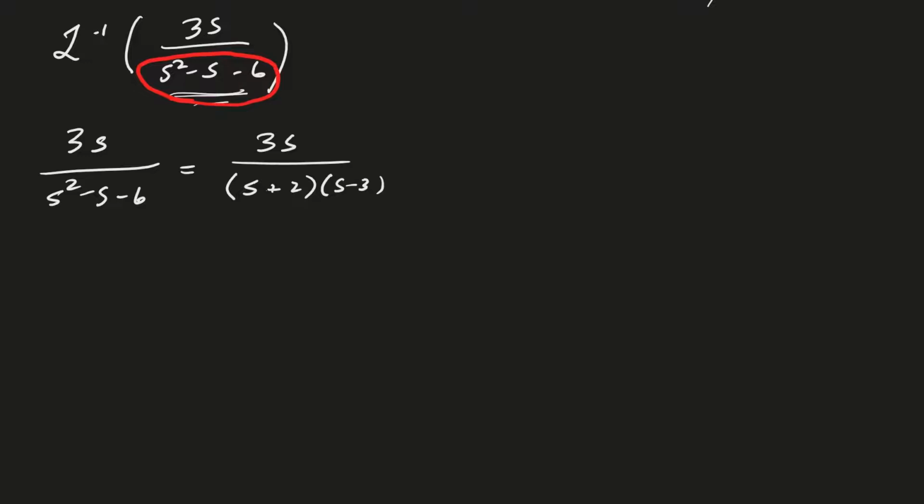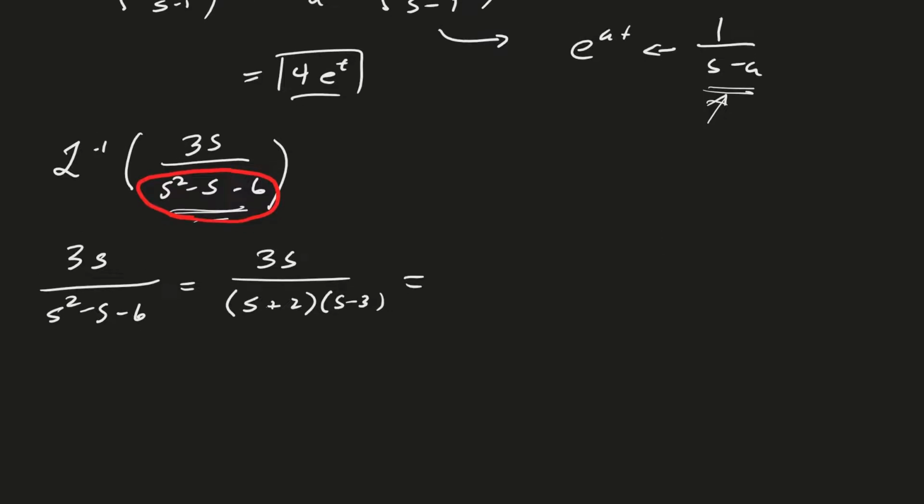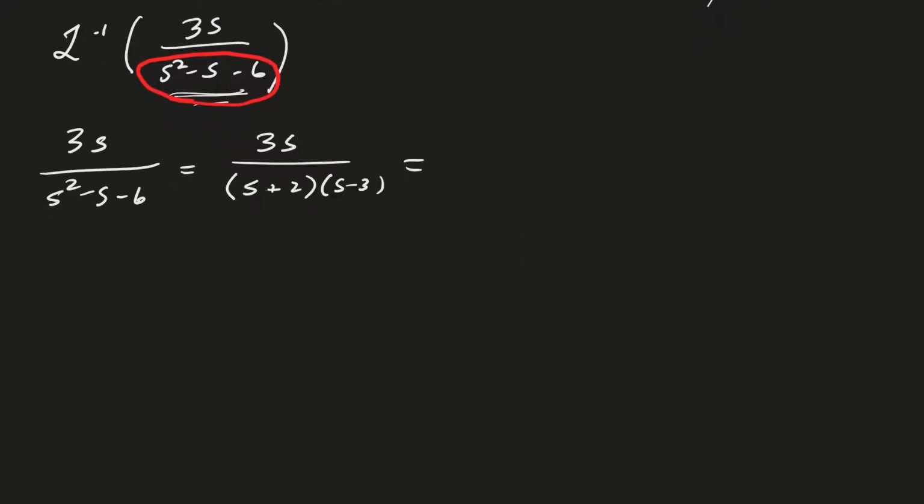At this point, I want to break it apart, and I'm thinking about using this formula over here. So that means I'm going to use partial fractions, which will give me a over s plus 2 plus b over s minus 3.